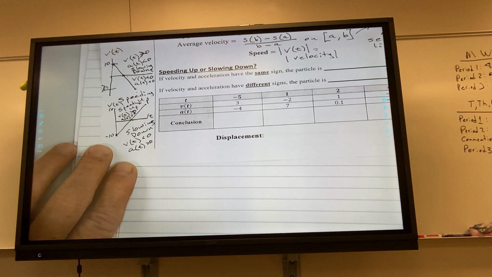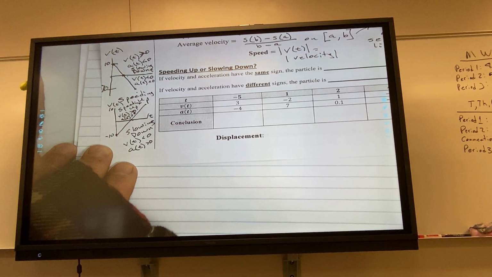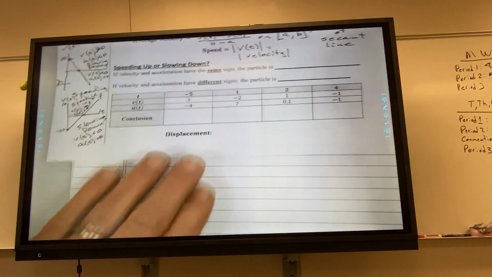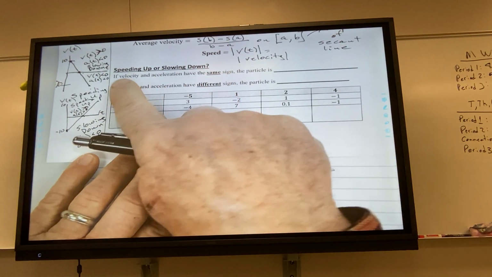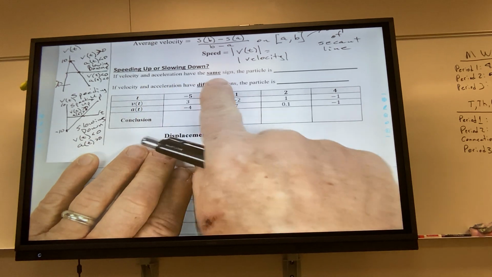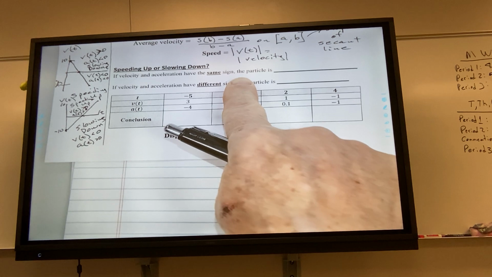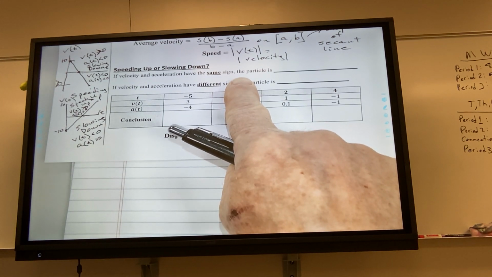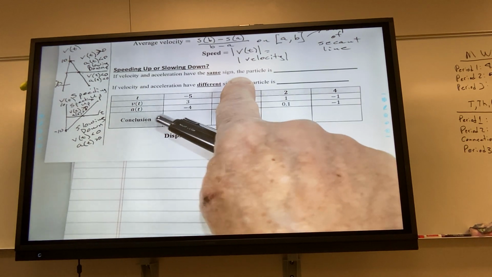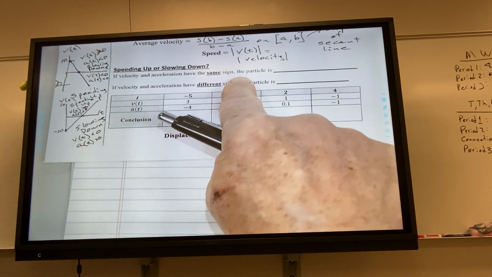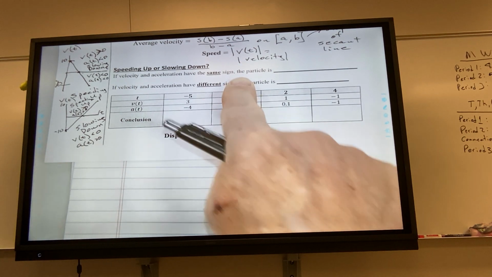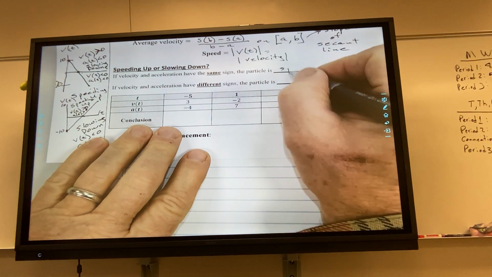They may give you a velocity function, and you may have to take the derivative on your calculator, which you all should be able to do, correct? And right here it says speeding up or slowing down. If the velocity and acceleration have the same sign, in other words, if they're both positive or both negative, you have to show the number and say, because they have the same sign, the particle is speeding up.